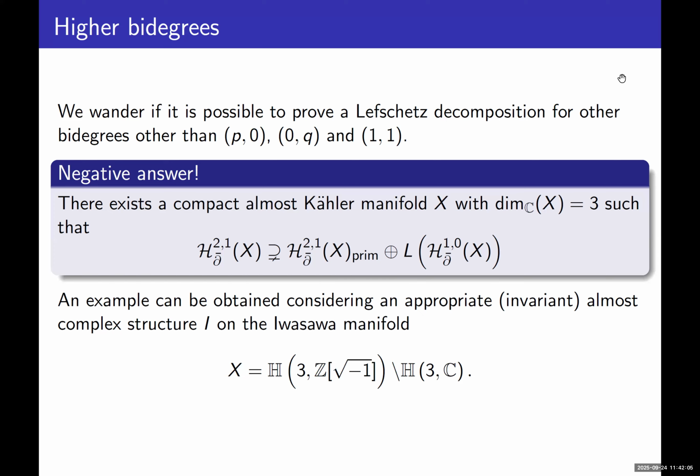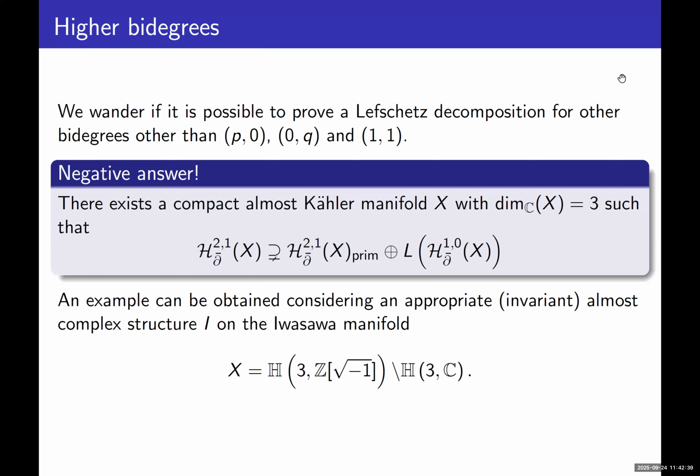Well, what we could show is that this is not always the case, since there are examples of compact almost Kähler manifolds where what should be the primitive decomposition of the space of 2,1 harmonic forms does not fill the whole space, but just a proper subspace.